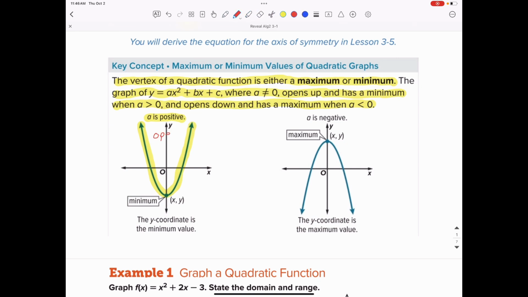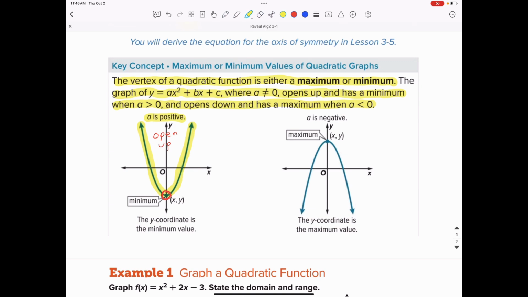So this opens up. Notice that the gap is opening on the upward side. So if it opens upward with a positive a value, that means the vertex down here at the bottom is a minimum. So a positive a value means the vertex is the low point, therefore that value is the minimum.